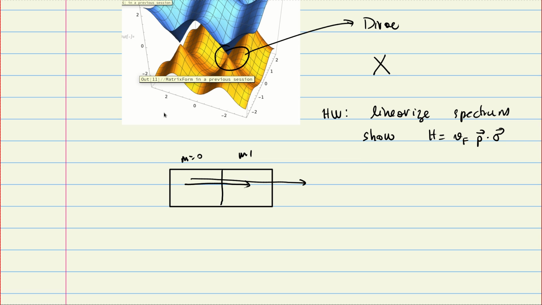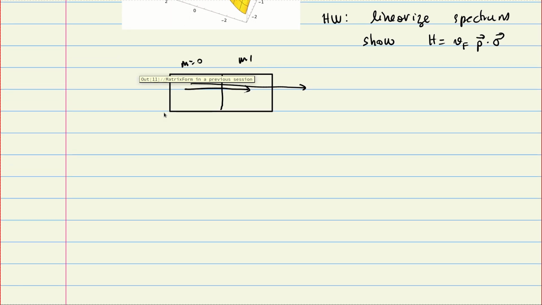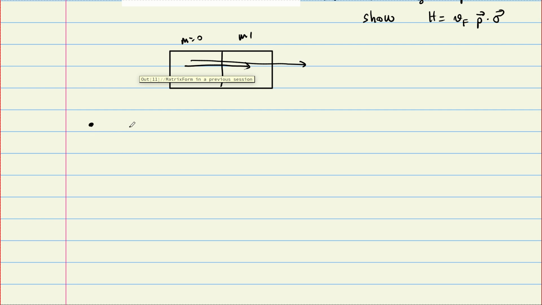So let me show the second one. Let's choose 2 pi phi over phi naught to be equal to pi over 3. In that case, p over q is going to be 1 over 3.